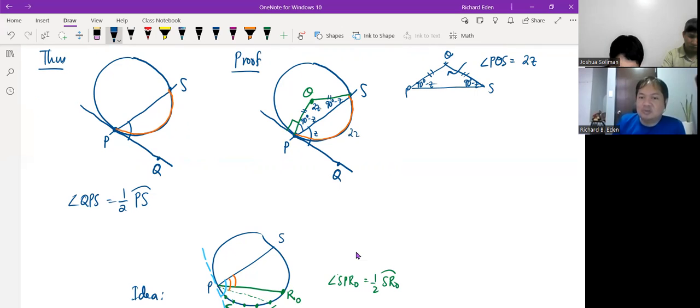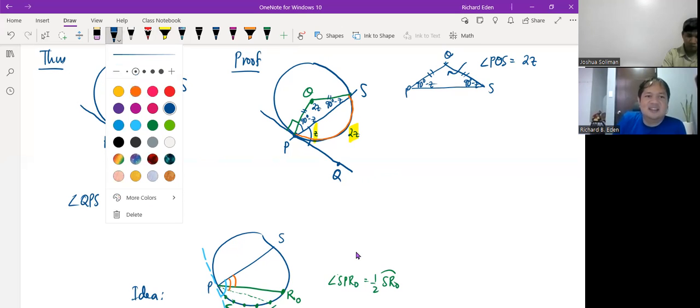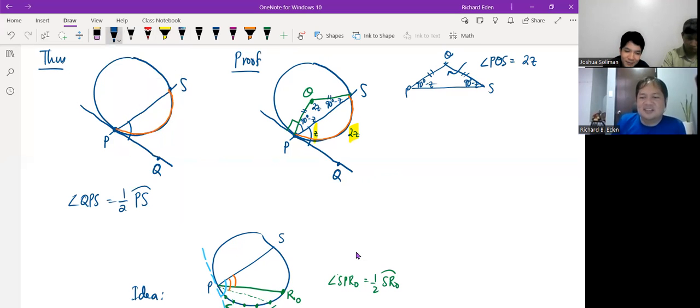So that makes this 2Z as well. And then look here, Z and then 2Z. So the arc is twice that angle there. So that's it. Proven. I haven't even written down the words yet.